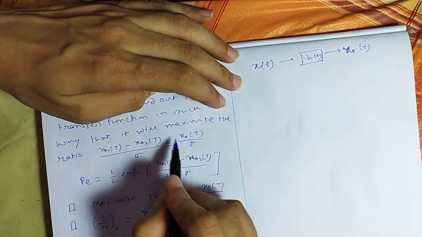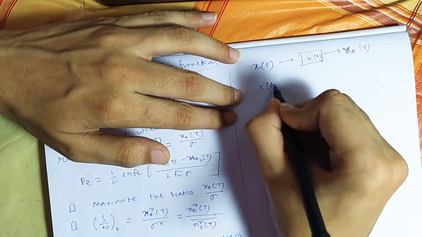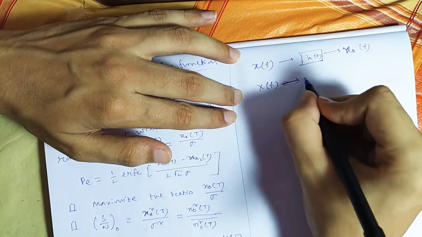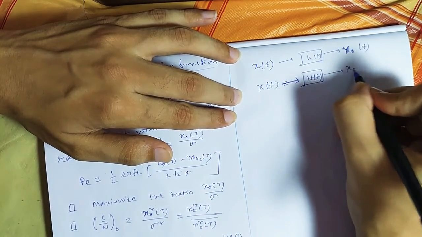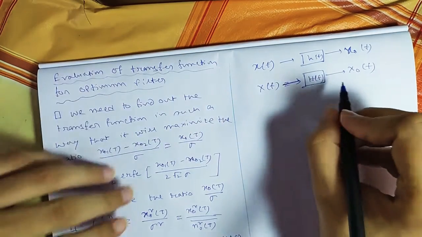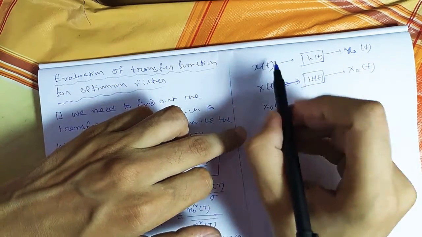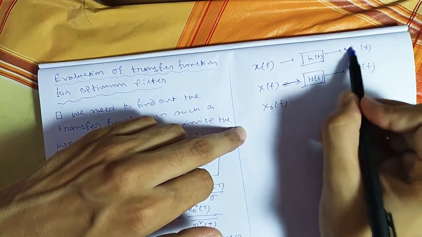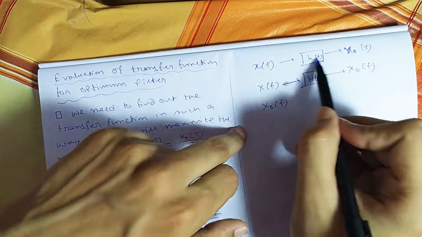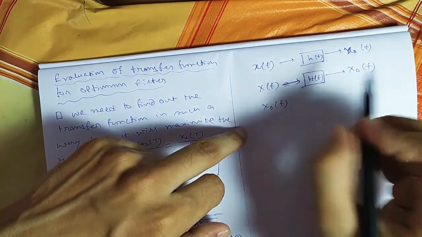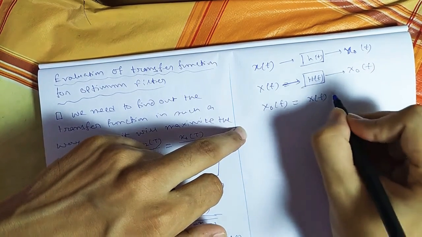In the frequency domain, you have X(f), H(f), and the output X0(f). So the output in the time domain is the convolution of the input and the impulse response, and in the frequency domain the output X0(f) is the multiplication of X(f) and H(f).